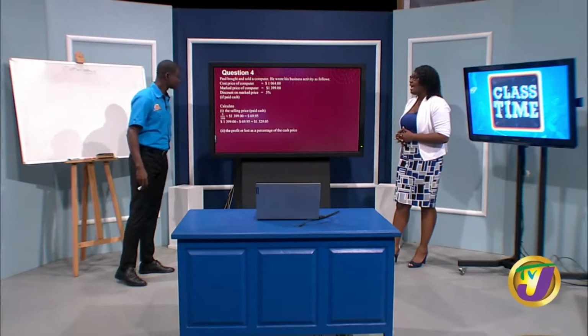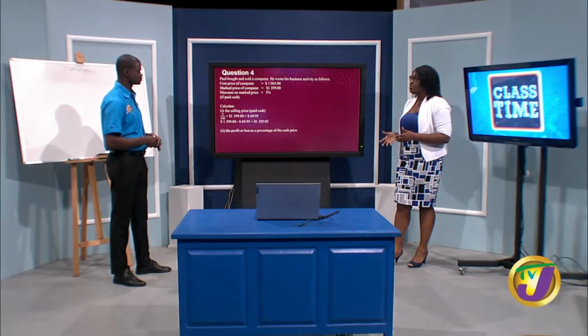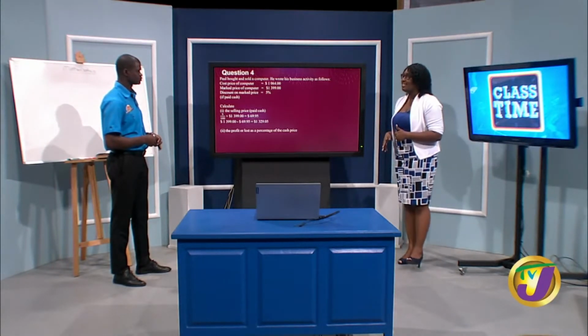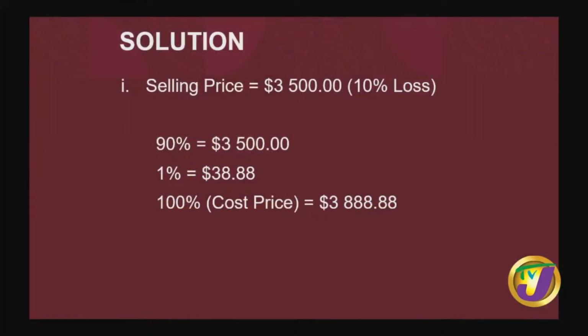So if it is that I bought my shoes for $3,888 and I sold it for $3,500, I want you guys at home to calculate your loss percentage. So let's see.